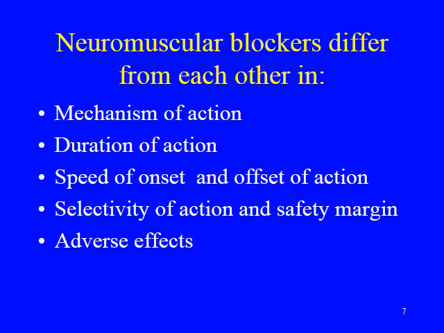Neuromuscular blockers differ from each other in mechanism of action, duration of action, speed of onset and offset of action, selectivity of the action, and safety margin. Every drug has its own safety margin. Adverse effects: a drug is never without an adverse effect.